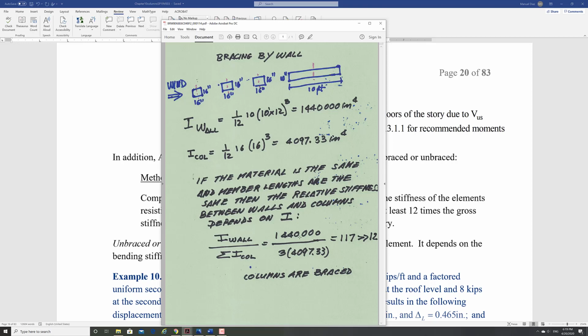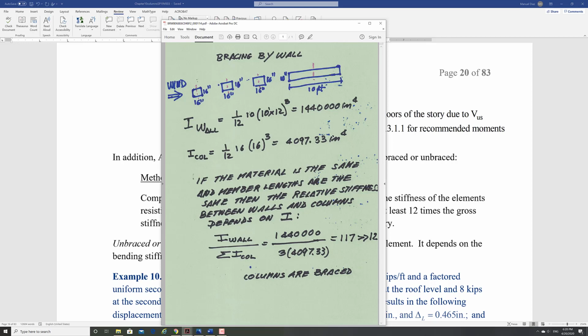When you did your moment distribution, you have this 4EI over L. But you didn't use all that. All you used was the I and the L, because your beams have different spans, so the L has to be considered. But the E, your material, your modulus of elasticity, you ignore. You simply use I over L. If the L's were the same, you only need to use the I's.